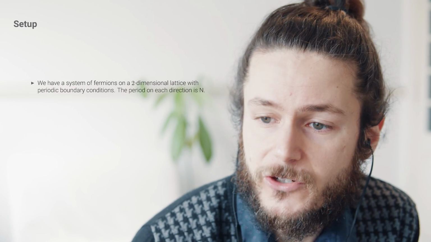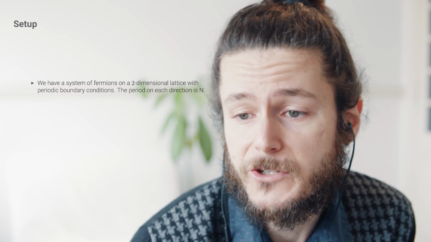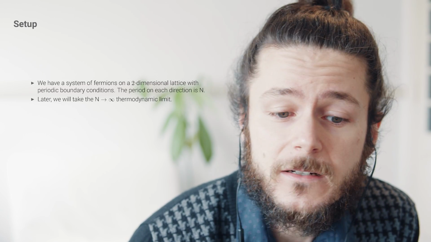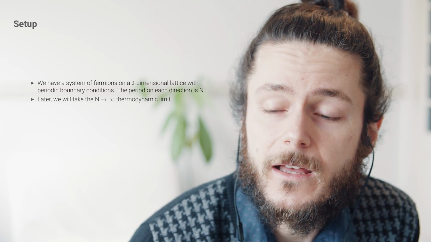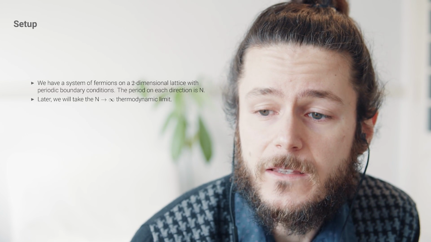Here's the setup. We have a system of fermions on a two-dimensional lattice with periodic boundary conditions. The period in each direction is n, a natural number, and later we will take n going to infinity, which is the thermodynamic limit. So this is the system we are considering.